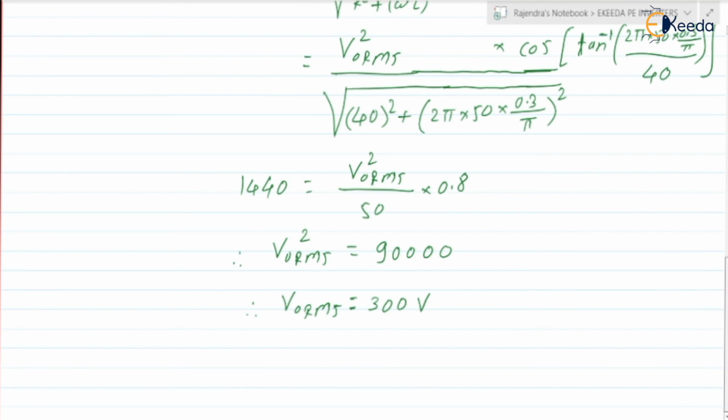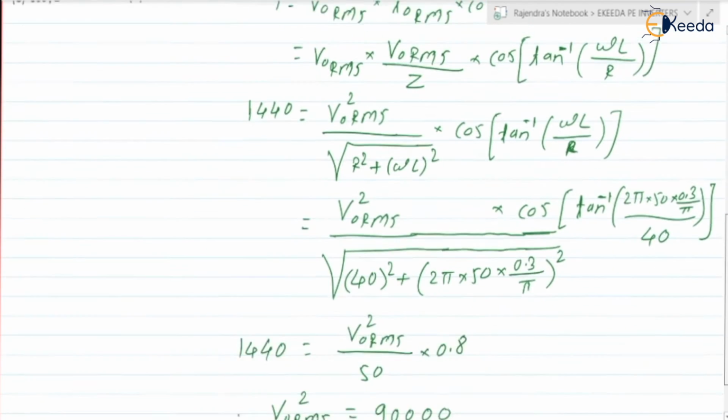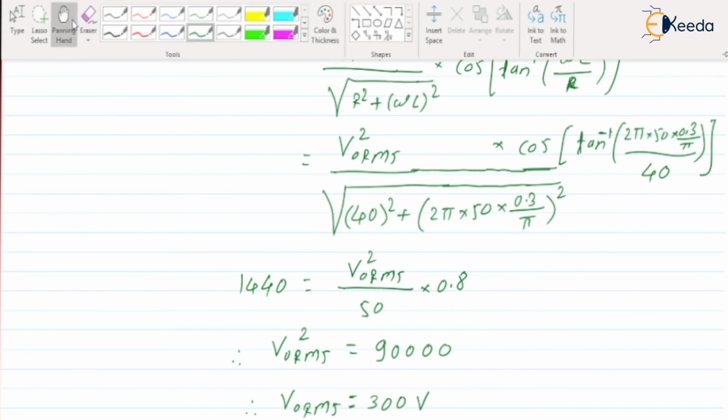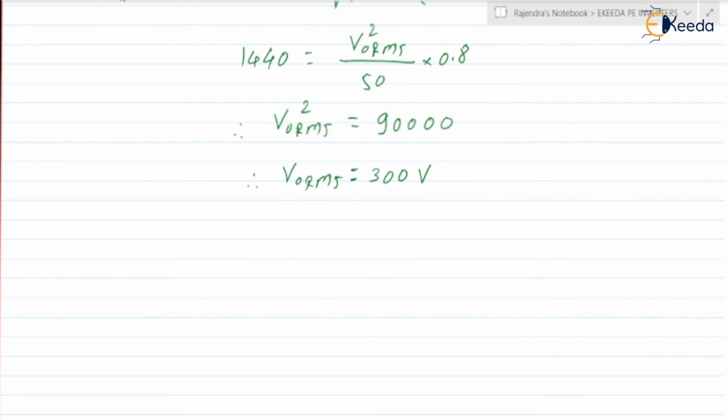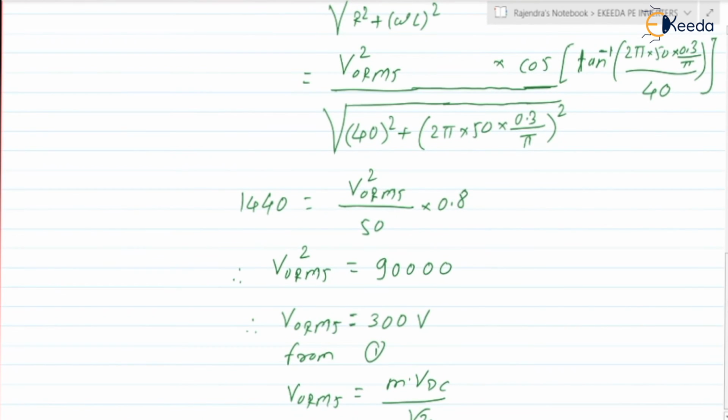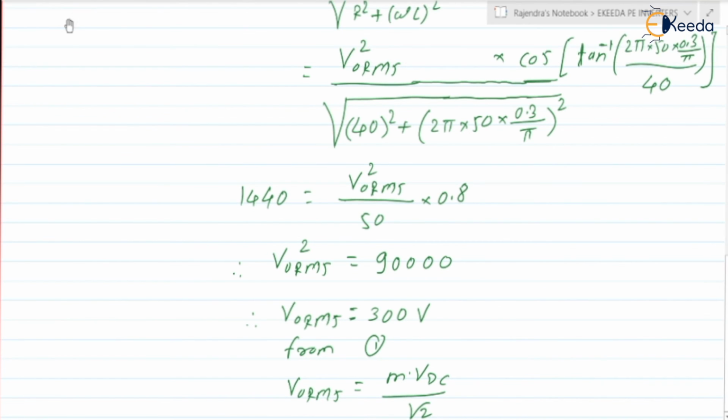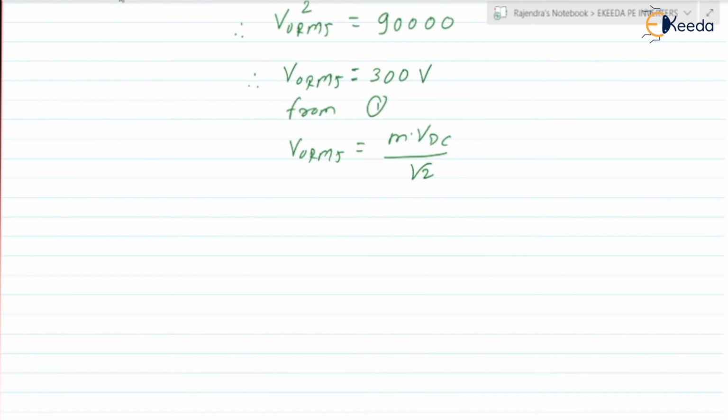But we also have V0 RMS equal to M VDC by root 2, from equation 1. Again, V0 RMS is 300, so 300 is equal to M, which is 0.6, into VDC, which we need to find, divided by root 2.